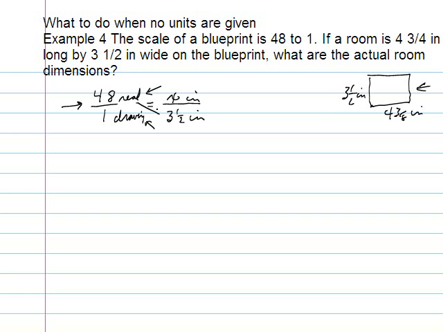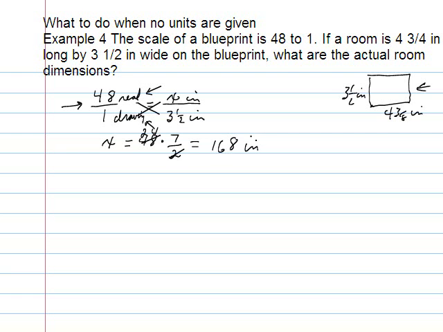Okay, I set my cross products equal. This time I just get 1 times x, which is x. This is 48 times, and then 3.5 is the same as 7/2, so I'll just do this in fraction form. So I get 24 times 7, which is 168 inches. Well, that's a lot of inches.